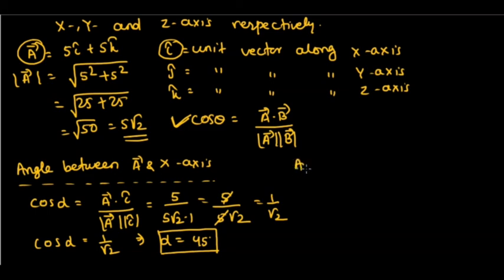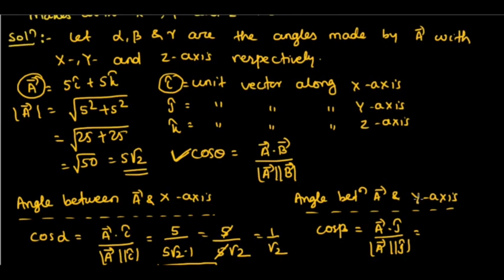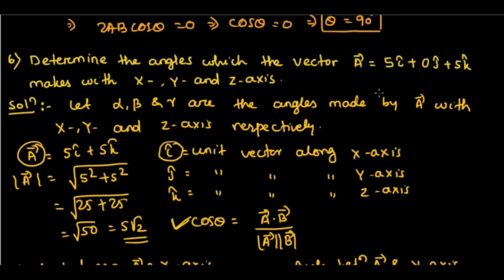Similarly we find the angle between a vector and y axis, that is j cap. We apply the same formula, and we assume that the angle between a vector and y axis is beta. So cos beta is equal to a vector dot j cap divided by a vector magnitude into j cap magnitude. The a vector has no y component, because there is 0 j cap.